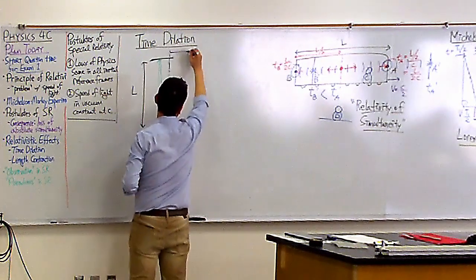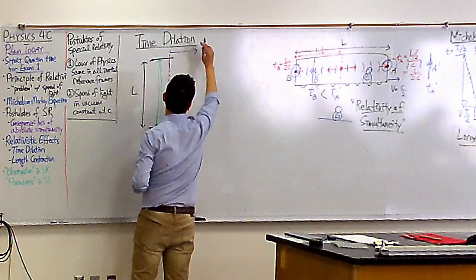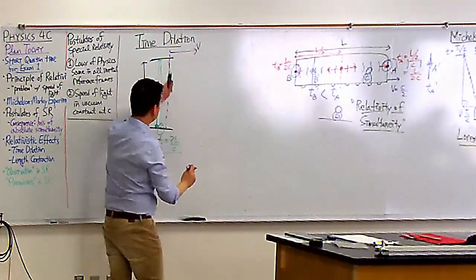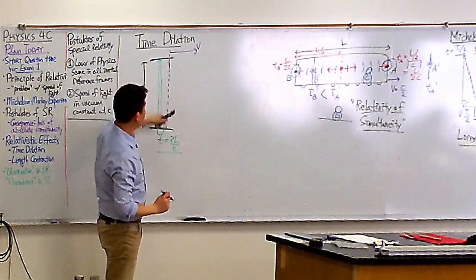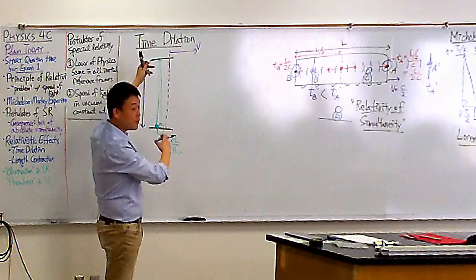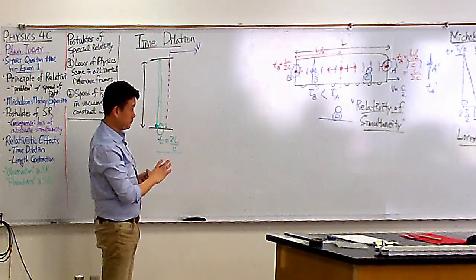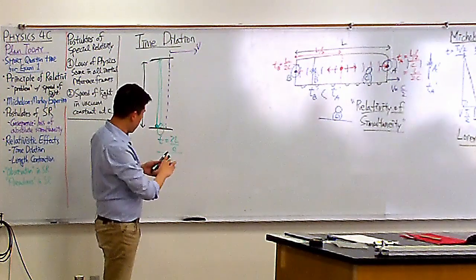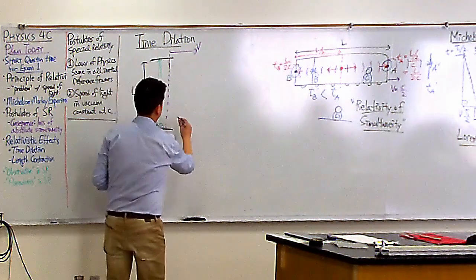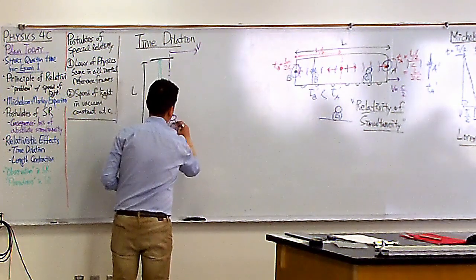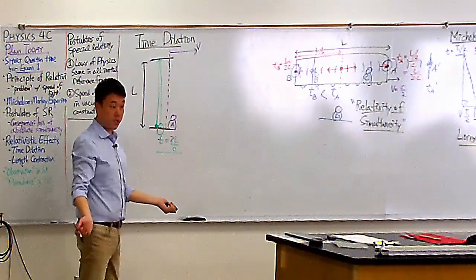Imagine that this clock is moving with the speed v in a direction perpendicular to the direction that the clock is oriented in. Yeah? So if you are an observer A staying with the clock, then nothing will change.